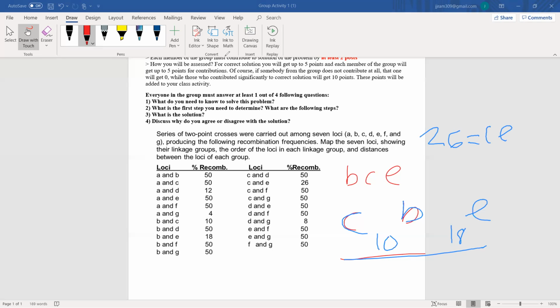This caused a little bit of confusion in the group when we read this over. So let's talk about the fourth and final part. Do we agree or disagree with the first solution and this solution? Disagree, just on the second one. Why do you think that? Because the recombination doesn't add up to 26. We've proven that this rule works, but it doesn't add up.